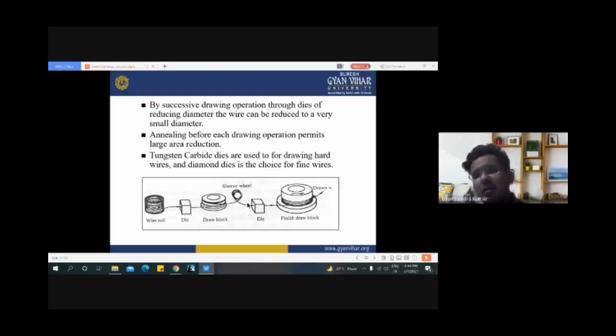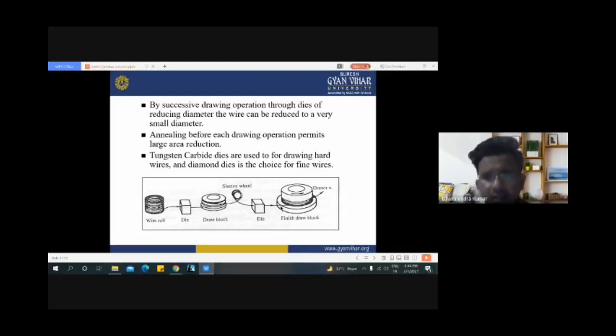Means here the input diameter of this wire is 4 and our requirement overall is 2. Then we place another die with an opening diameter of 2, then pull the wire from this die, and the wire is wound in the finish draw block. We can say that we reduced the diameter from 6 to 2. It is very convenient.